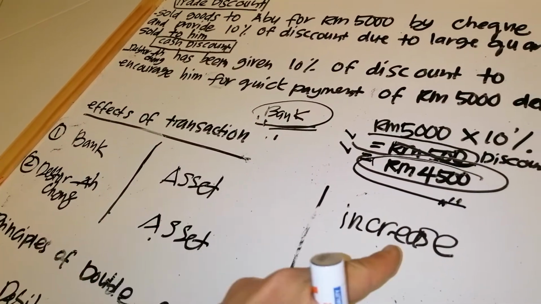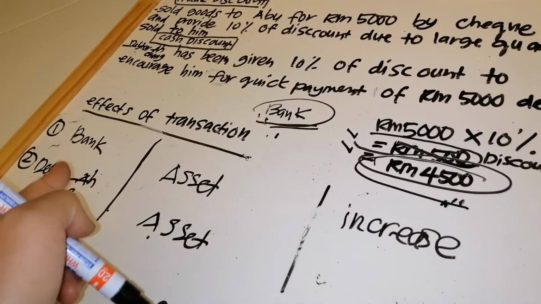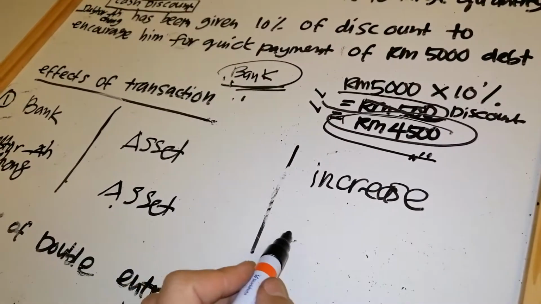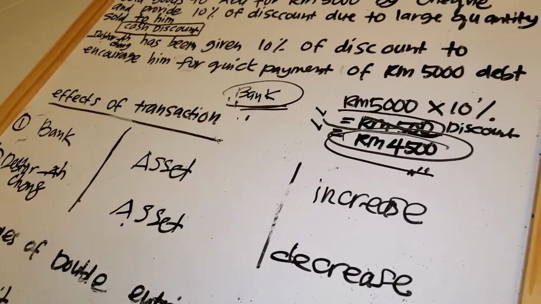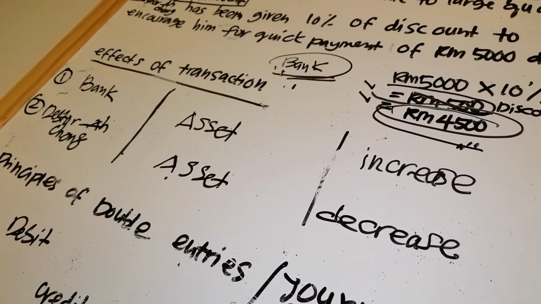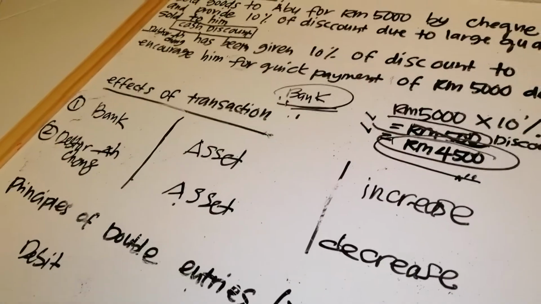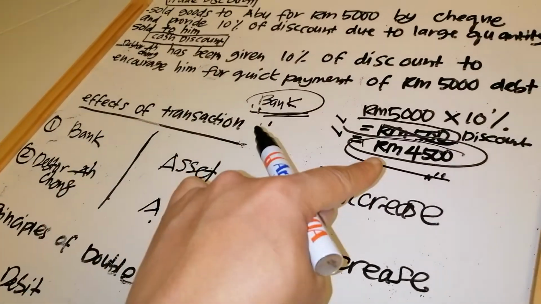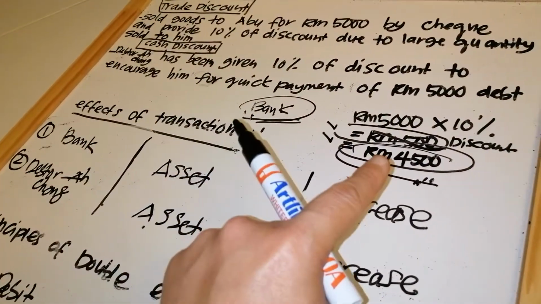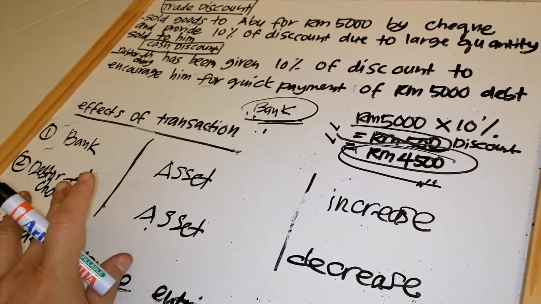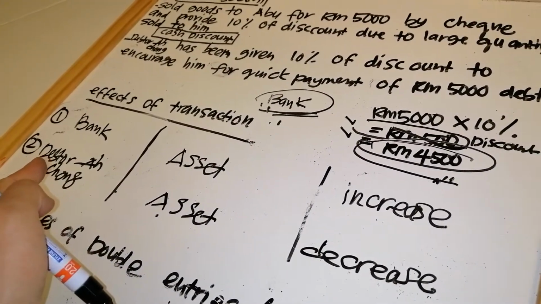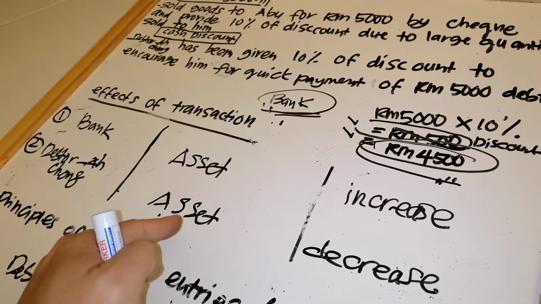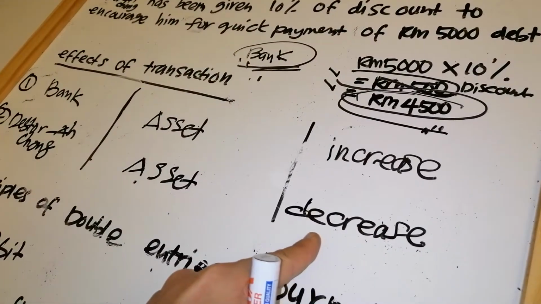That's why your bank has increased, you already have the money. Your rights toward the debtor decrease. Okay? So you cannot ask the debtor to pay again after this. When the debtor pays 4,500, settling the full amount, your rights towards Acong, as your asset before this, decrease.